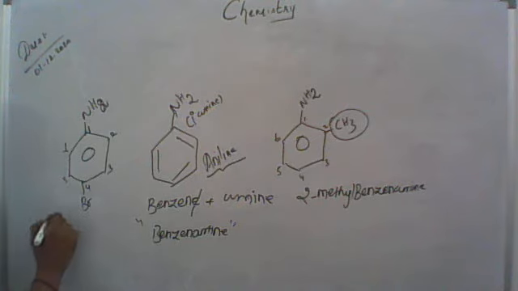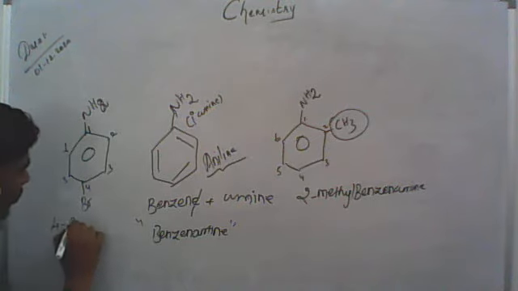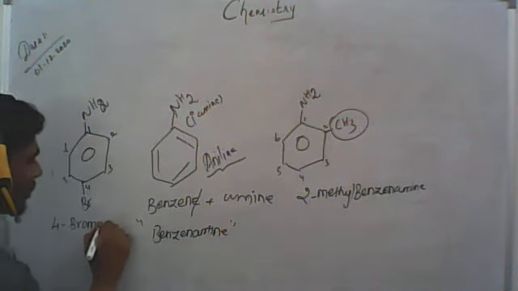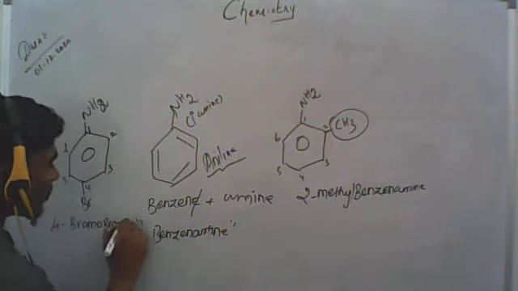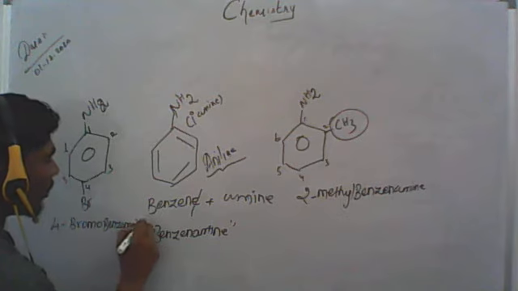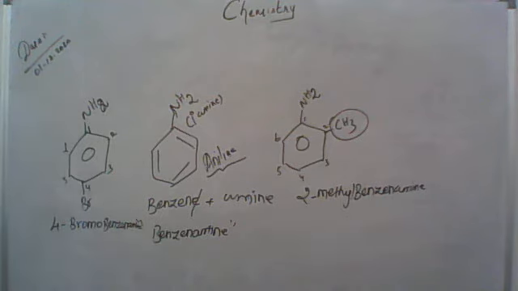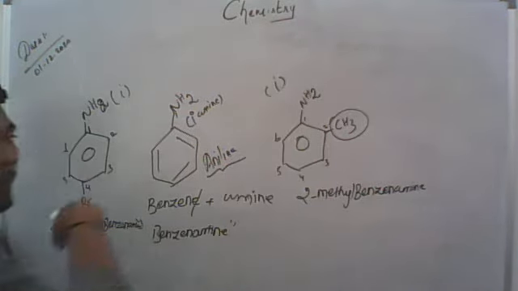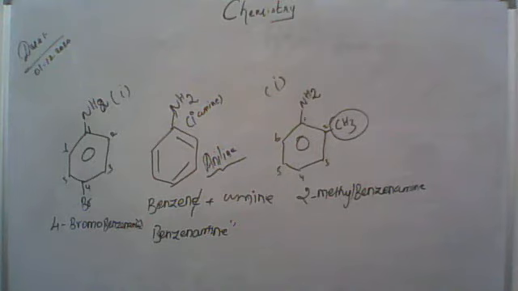So it is 4-bromo benzenamine. 4-bromo benzenamine is the IUPAC name for this compound. What is the type of amine? This is a primary amine, and this also is a primary amine. Okay, next.